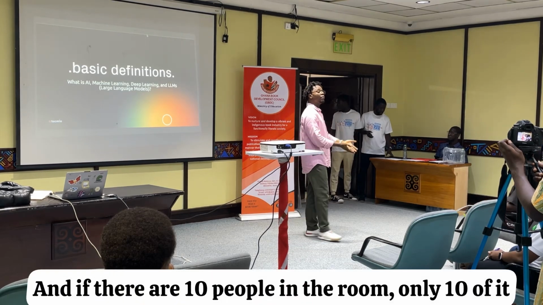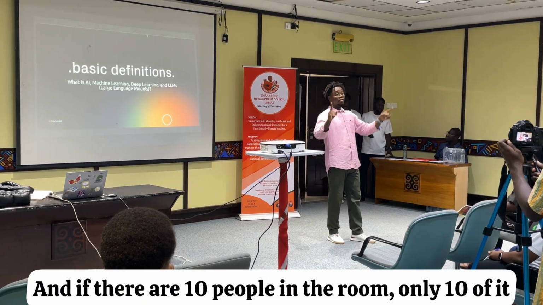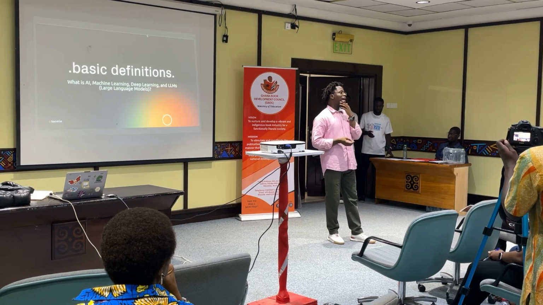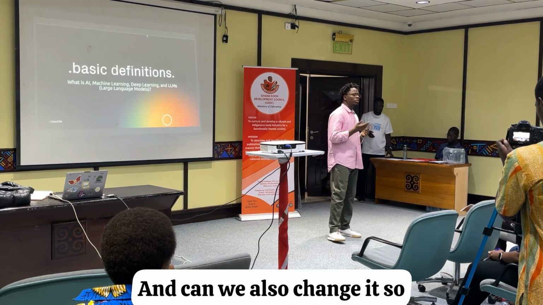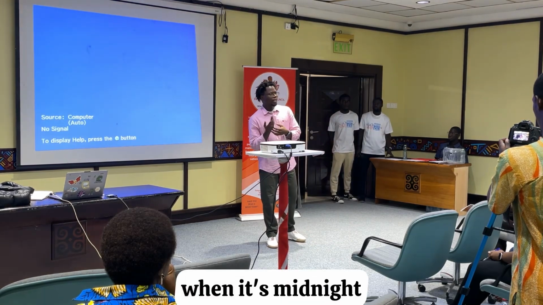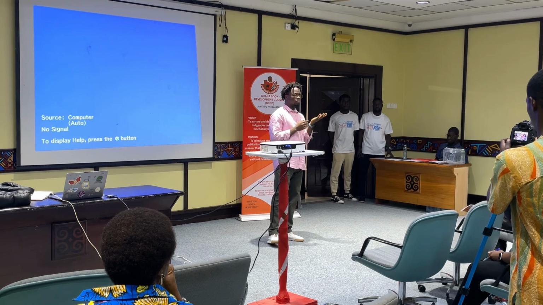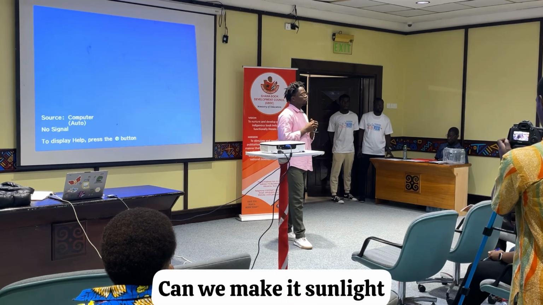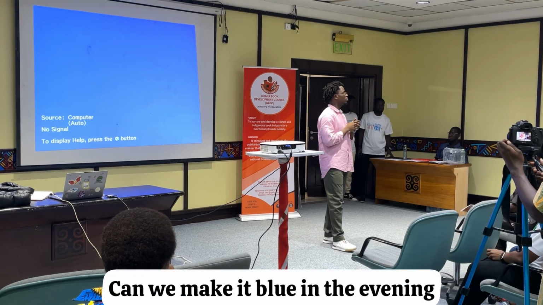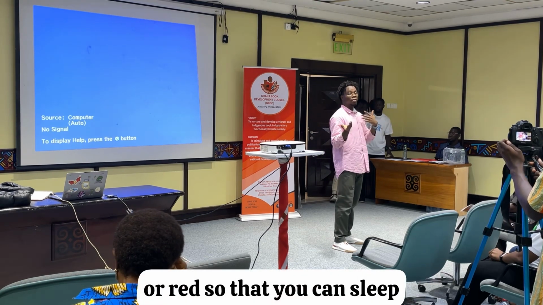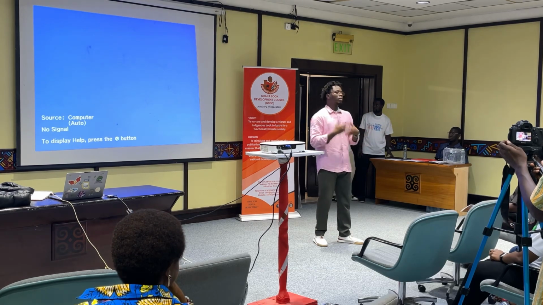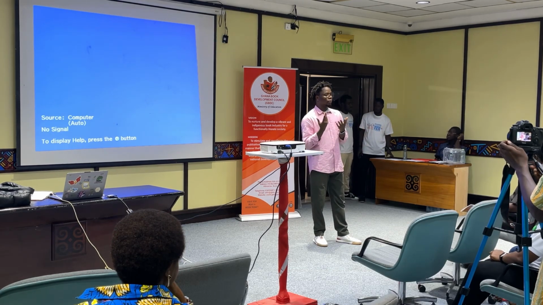And if there are 10 people in the room, only 10 of it will be on. And can we also change it so that if it's 12 in the afternoon, there's a different light from when it's midnight? Can we make it sunlight? Can we make it warm in the morning? Can we make it blue in the evening or red so that you can sleep? Can we make it white in the afternoon so that your eyes won't hurt?